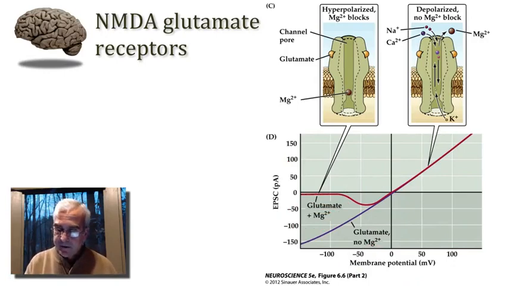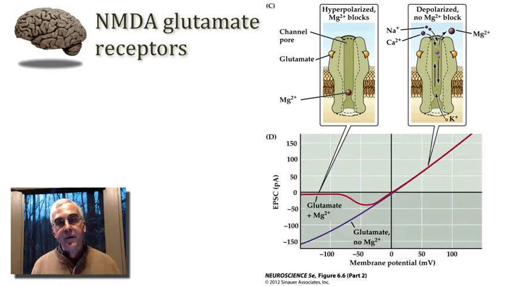But as the membrane potential begins to depolarize, when we get into this range here, now we begin to see some excitatory postsynaptic current pass. Essentially what happens is the magnesium block is relieved, and positive cations, sodium and calcium, can enter the cell. But notice that as we begin to depolarize towards 0 millivolts, the current reverses.